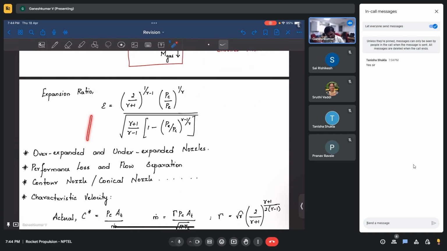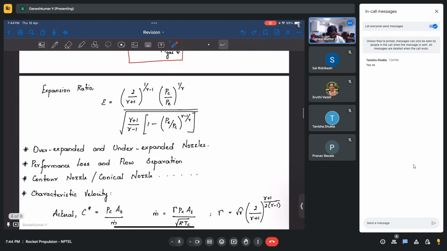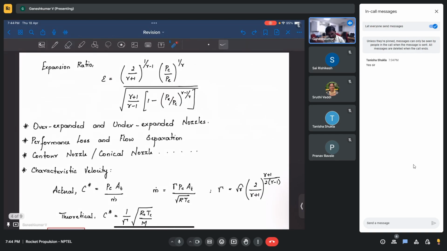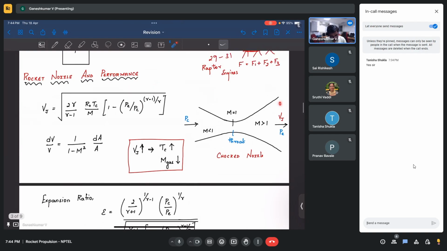The expansion ratio is going to depend on the pressure ratios, for which we have a formula. And then we also did over-expanded and under-expanded nozzles. That is because the pressure P exit, with which the gas comes out, will not really match the atmospheric pressure.